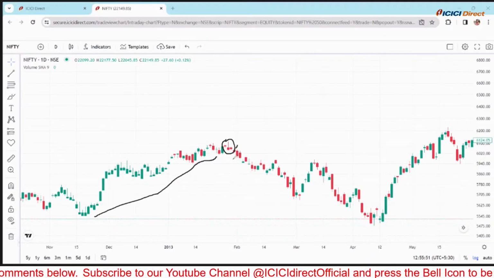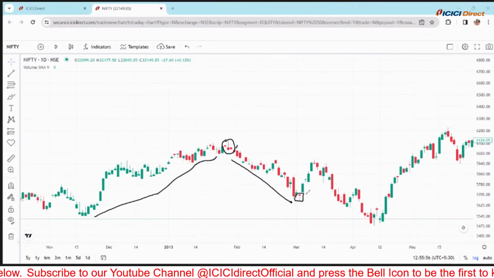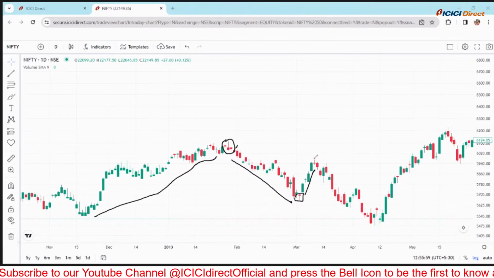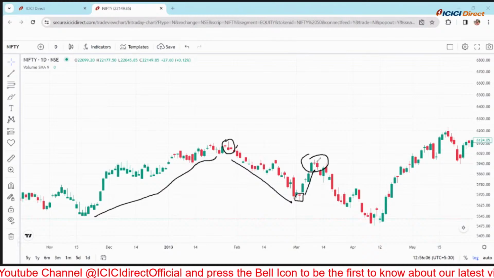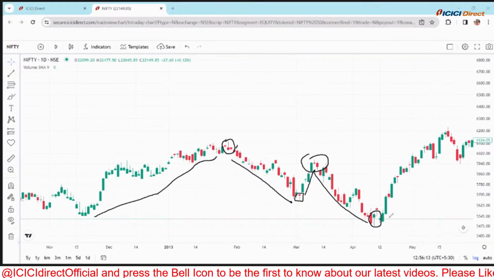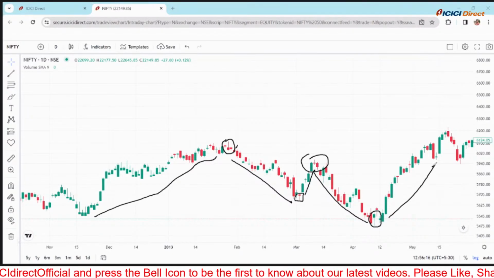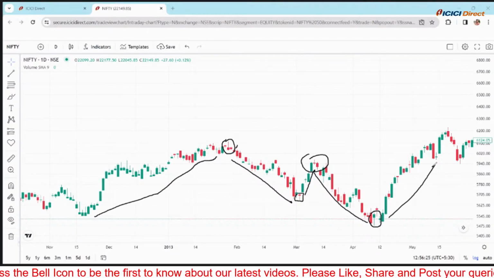We got a confirmation here, and from there, downturn, hammer, confirmation, upside again, doji, a doji, a red candle, confirmation, again a downtrend, a hammer, confirmation, almost a confirmation because the low was not broken, and an uptrend. Do you see the beauty of this trend here? We saw multiple trends only from hammer and doji, hammer and doji. Viewers with me?